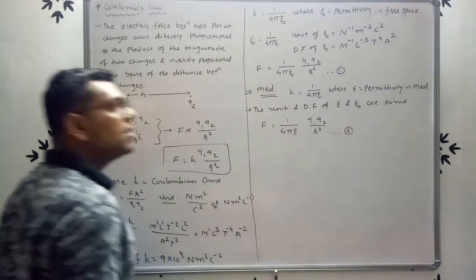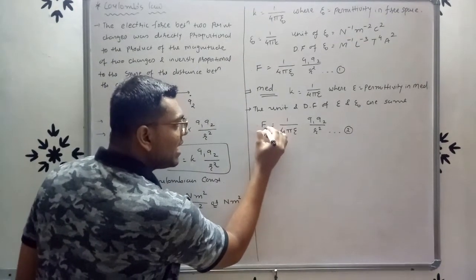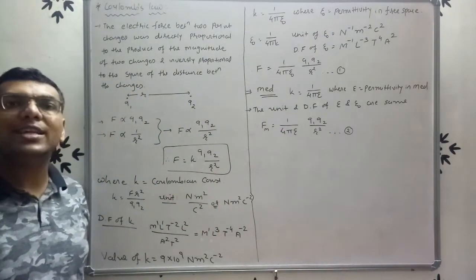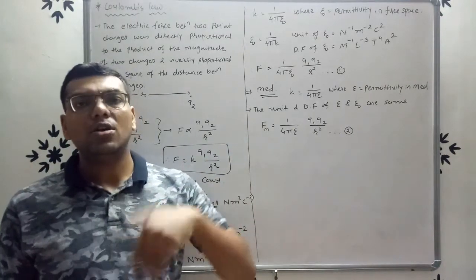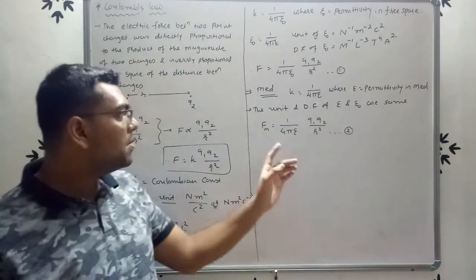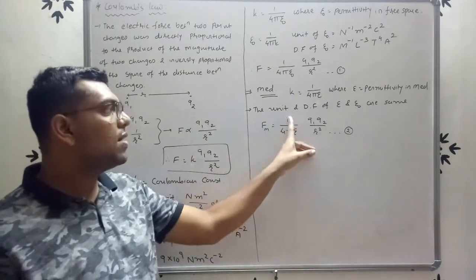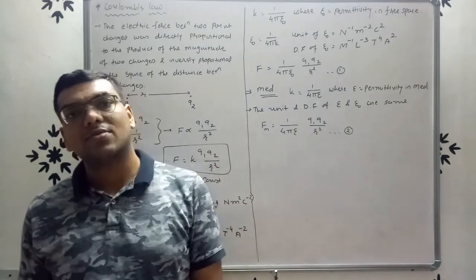But here there is a medium, so the force is denoted by Fm, the force between 2 point charges in medium. So the force between 2 point charges in medium, denoted by Fm, is equal to 1 by 4 pi epsilon Q1 Q2 upon R square.